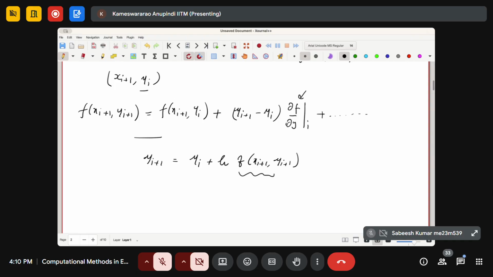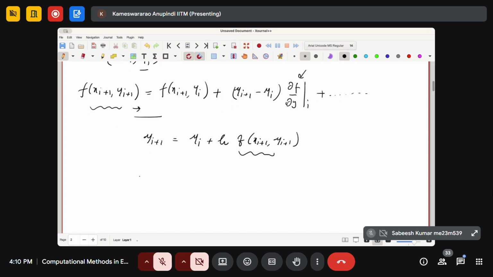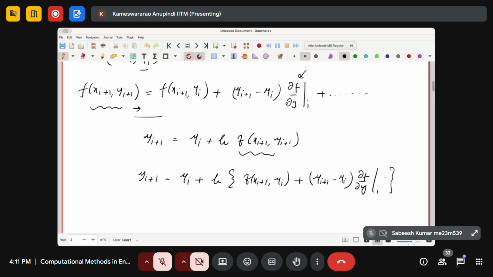So we're going to substitute for f of x_{i+1}, y_{i+1} from here, which is going to give me y_{i+1} equals y_i plus h times f of x_{i+1}, y_i plus (y_{i+1} minus y_i) times partial f by partial y at i. Of course there are higher order terms which we are neglecting.